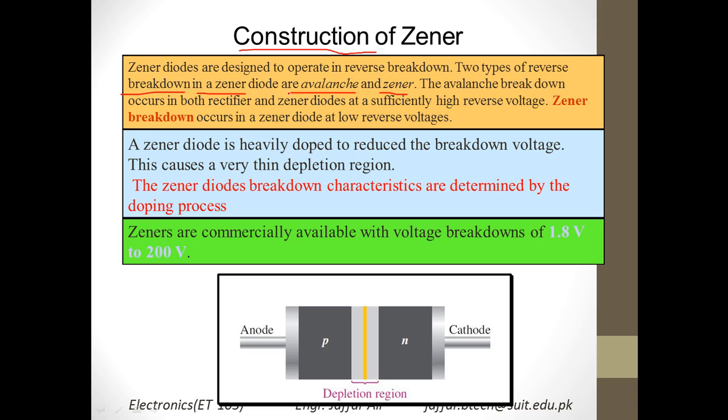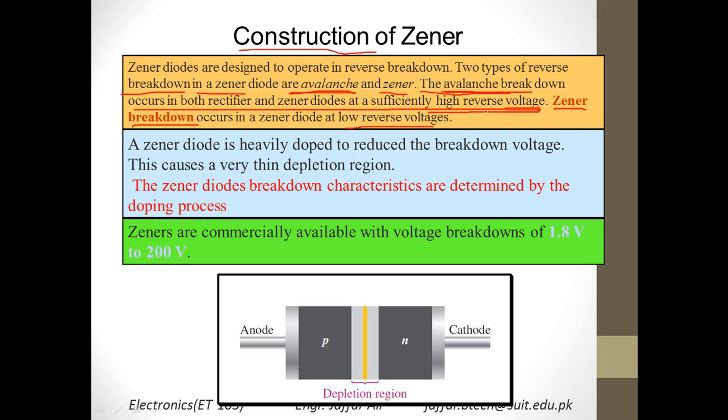The avalanche breakdown occurs in both rectifier and Zener diodes at sufficiently high reverse voltage. We will see that in the diagram in the next slide, inshallah. A Zener breakdown occurs in the Zener diode at low reverse voltages. So there are two types of breakdown: one is known as avalanche breakdown, and the other is known as Zener breakdown. Zener breakdown normally occurs at low reverse voltages, while avalanche breakdown occurs at high reverse voltage.